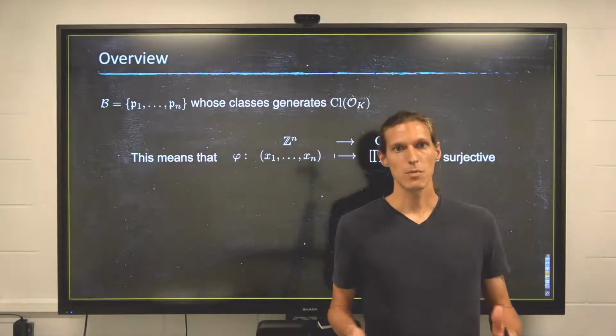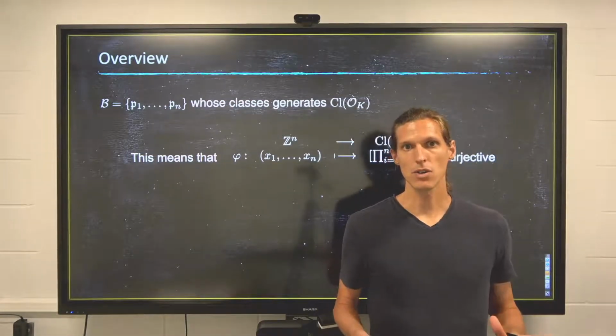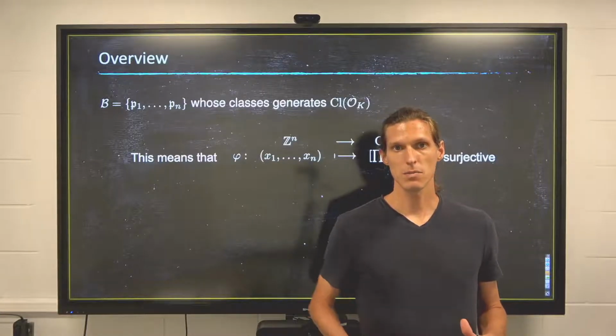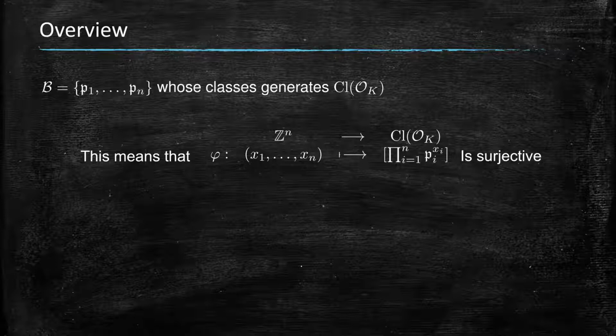So let's recap the main steps of the class group computation following the sub-exponential method. We have a factor base, a base of prime ideals, the first n prime ideals.